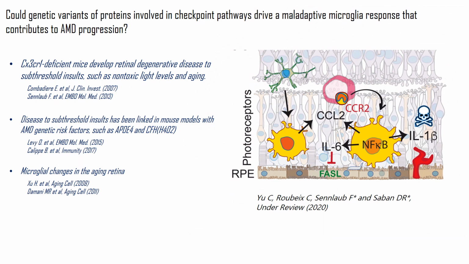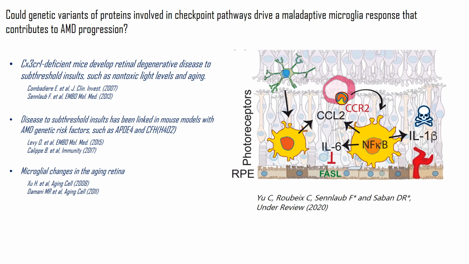Evidence for the latter again comes from CX3CR1 deficient mice in acceleration of retinal degenerative disease progression. But also, interestingly, in subthreshold insults, such as advanced aging as well as light exposure, which normally pigmented mice do not respond to in terms of degeneration, CX3CR1 knockout mice actually develop a level of photoreceptor degeneration.